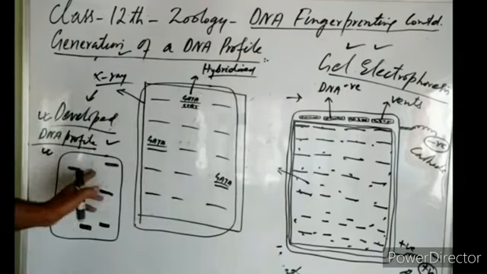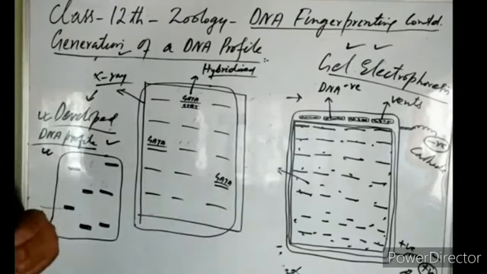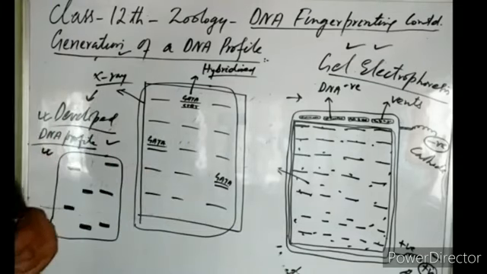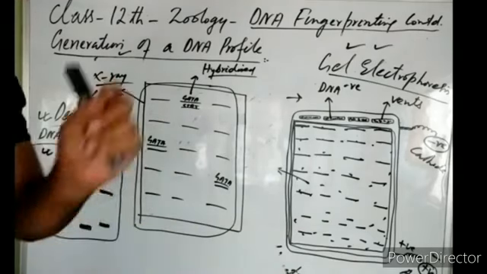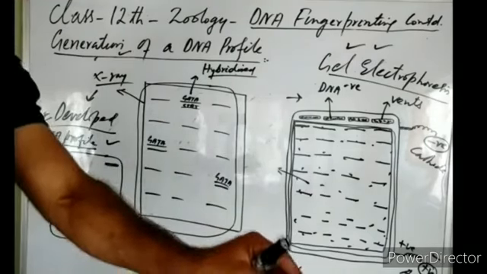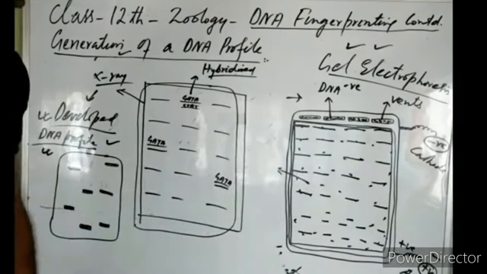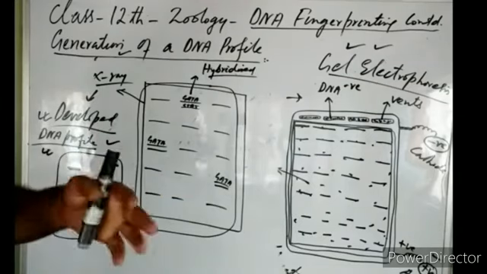Then the profile generated from the DNA obtained from the crime scene is matched with the suspect's DNA profile. If any suspect's DNA profile exactly matches the profile obtained from the DNA taken from the crime scene, that person is convicted, right? The person is identified as the culprit.